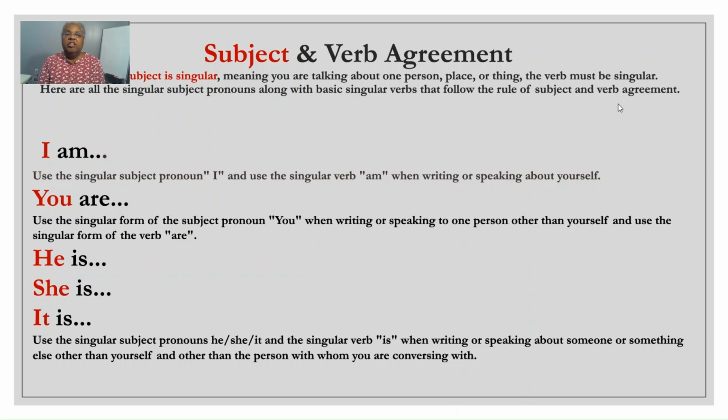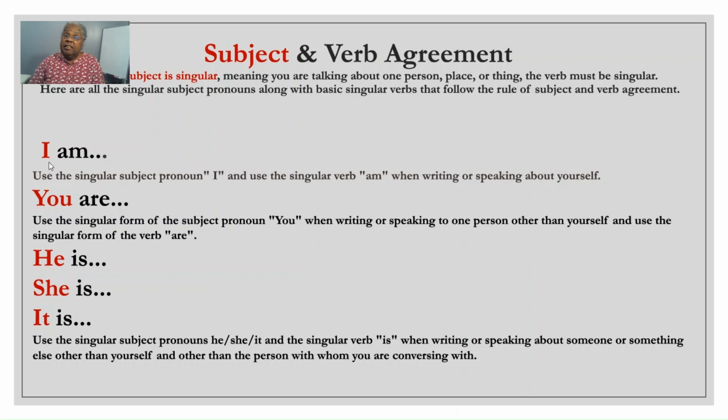Here are all the singular subject pronouns along with basic singular verbs that follow the rule of subject and verb agreement. The first singular subject pronoun and verb agreement that we see is I am.